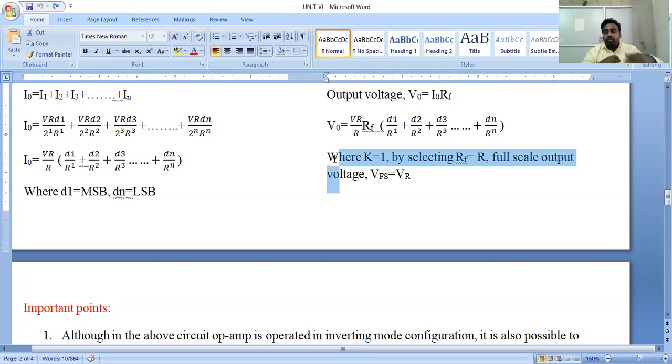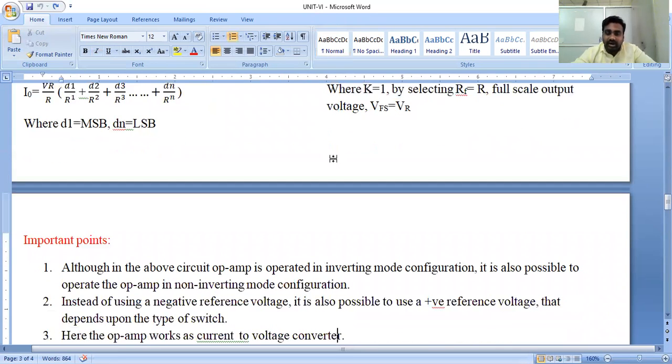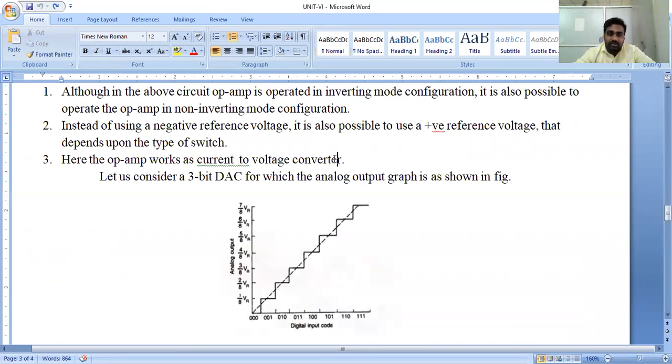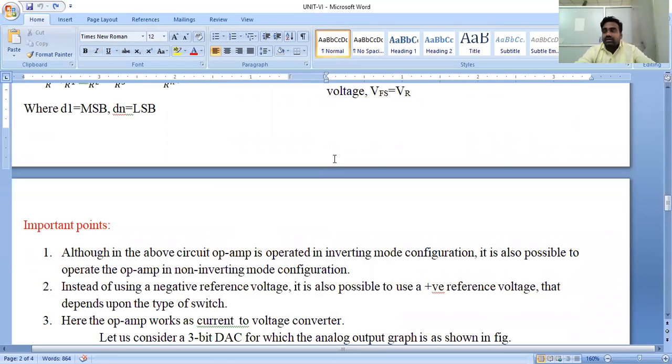There are various important points we have to keep in mind in this analysis. We converted the digital pulse into an analog pulse by using a digital to analog conversion technique. Even though the above circuit is operated in the inverting configuration, we can also connect the circuit in a non-inverting type configuration.